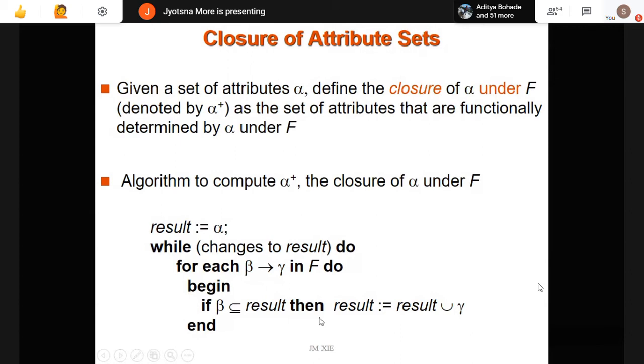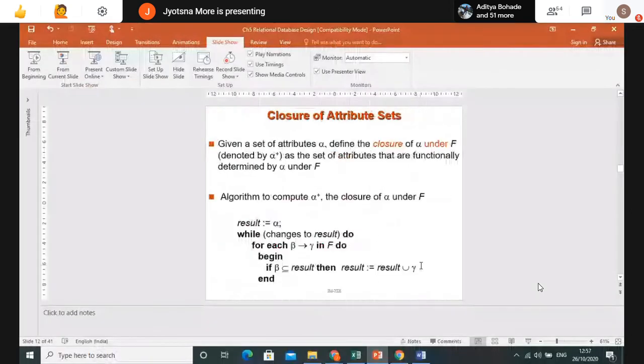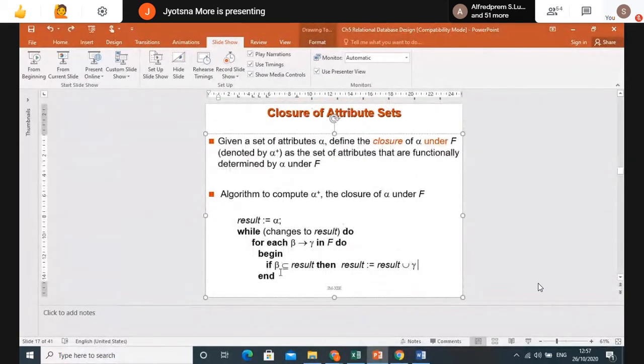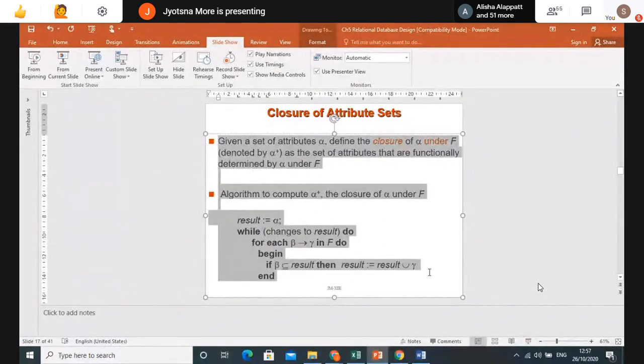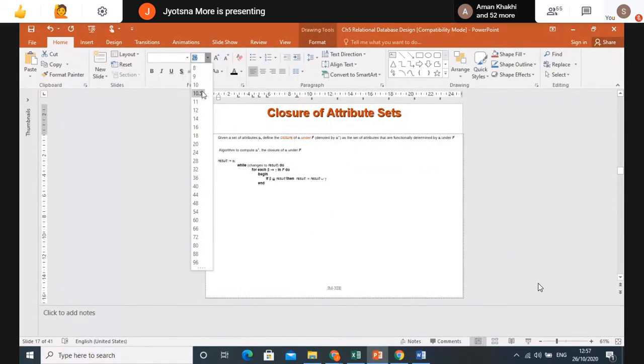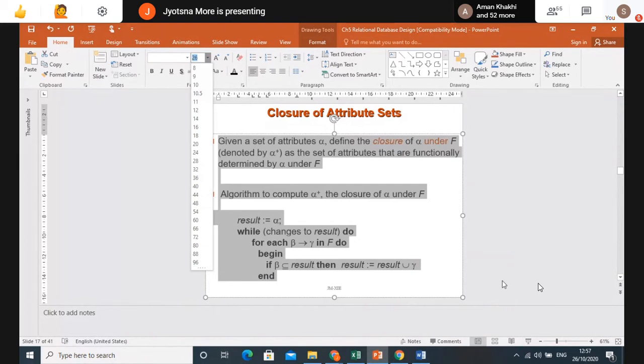I'll just write here only so that it will be easy for you to understand. I'll just make this font size smaller so that I can write over there. Or else I'll do one thing. I'll copy in the word and there I'll write.